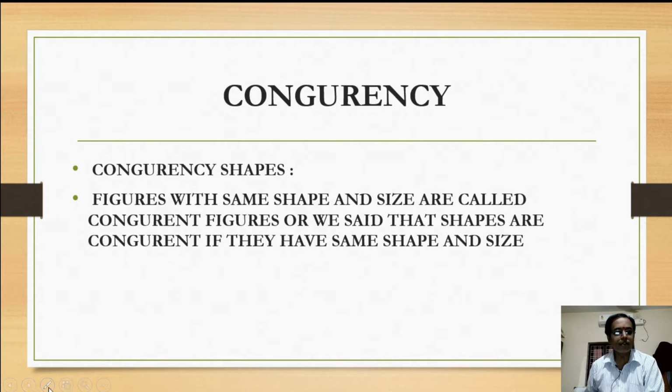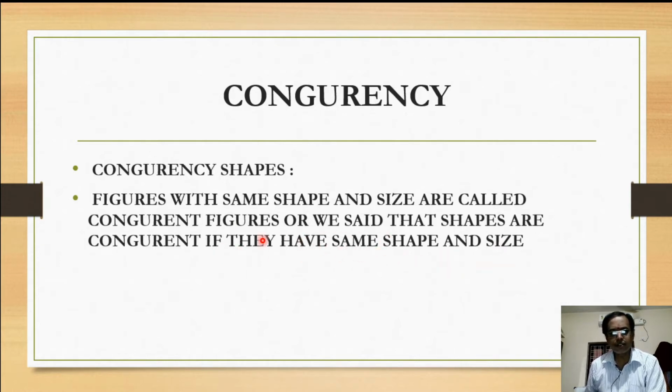Once again, see here the definition: figures with the same shape and size. That means the figures must look the same in shape and size to be called congruent figures.